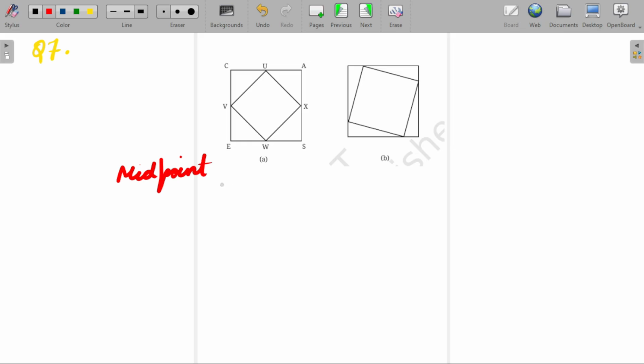Now we'll choose some triangles. These are triangle VCU, this one. Can you see this triangle? And triangle UAX. Clear? So in triangle VCU and triangle UAX, we are choosing these two triangles.